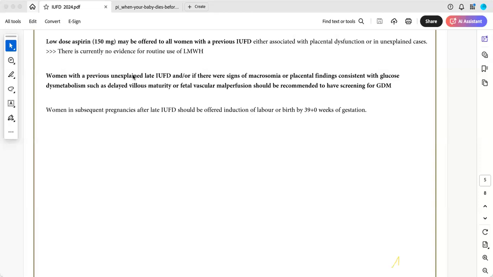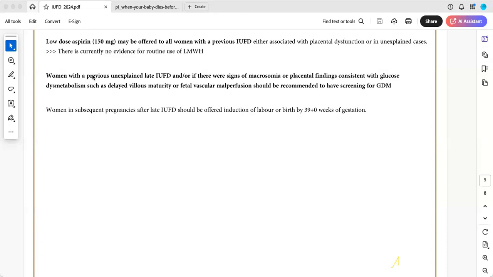Women with a previous unexplained late IUFD, or signs of macrosomia, or placental findings consistent with glucose dysmetabolism, such as delayed villus maturity or fetal vascular malperfusion, should be recommended to have screening for GDM.